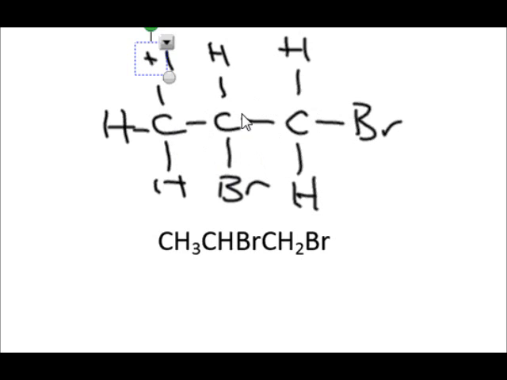So again, we've got a longest carbon chain of 3. We'll number from the right hand side to give the 2 bromo substituents the lowest number possible. So that's 1, 2, 3 carbons in the chain. Stem for 3 again is prop, so that will be propane.